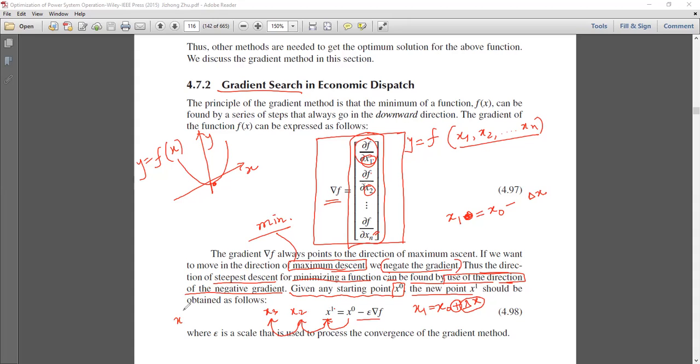So x2 is x1 minus epsilon, the learning parameter, times del f, where del f is the gradient. Minus, because we have to go along the descent, not along the ascent direction. Okay, clear?